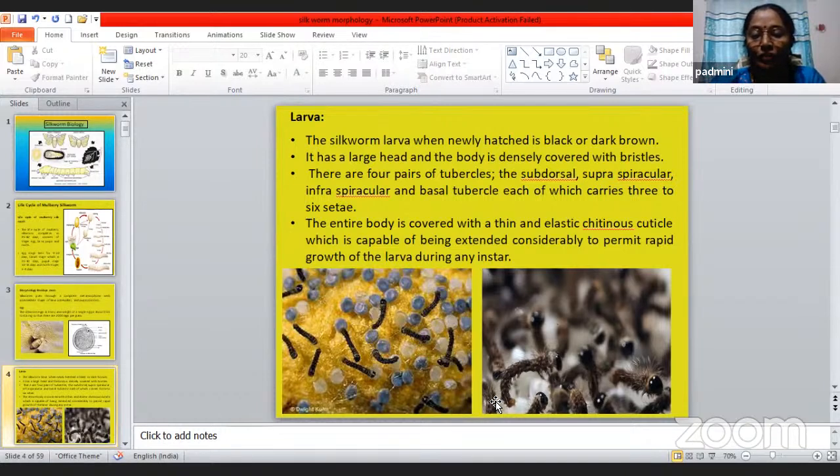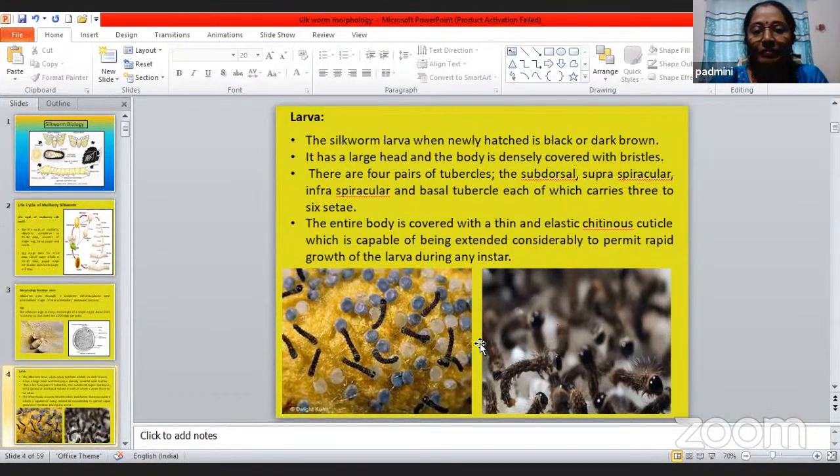And the entire body, if you can see over here, is covered with a thin and elastic chitinous cuticle, which is capable of being extended considerably to permit rapid growth of the larva during any instar.